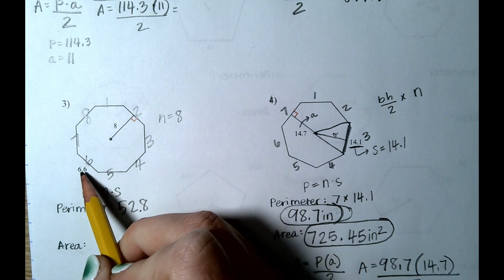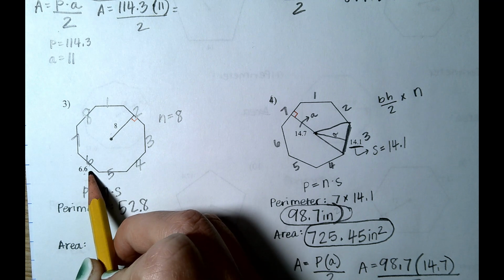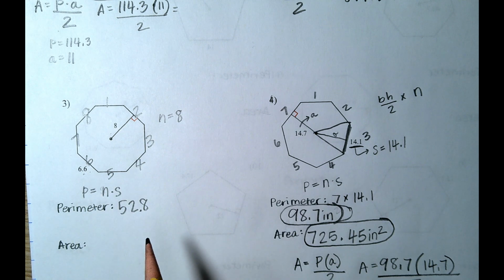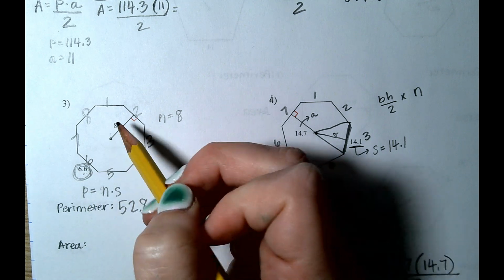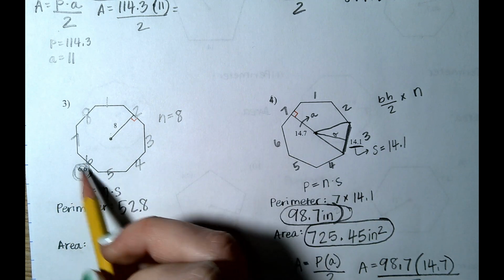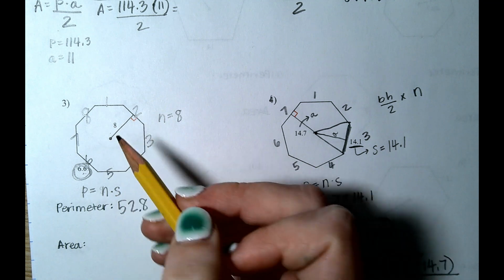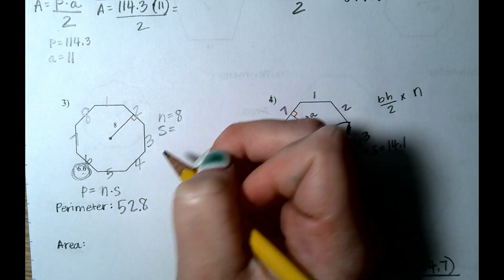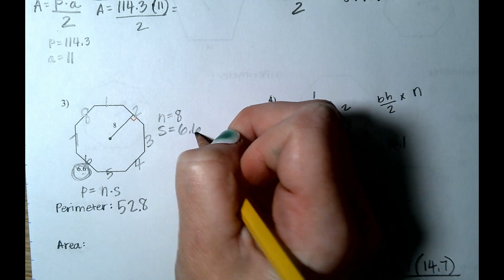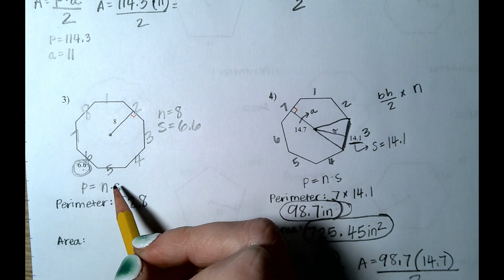And we're going to look at the two given measures they give us. We have 8 and 6.6. Which one is our side length? 6.6. That is our side length. If it's outside of the shape, that's giving us a side length. When it's inside like this, that's our apothem. So we're going to take our side length, 6.6, and plug both of these values into our formula.